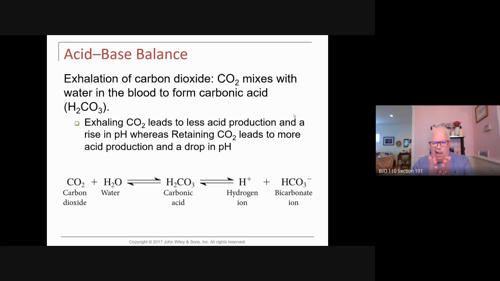There's the formula again. CO2 plus H2O in the presence of carbonic anhydrase will form carbonic acid. Carbonic acid in the presence of carbonic anhydrase will form hydrogen and bicarbonate. That is the formula.